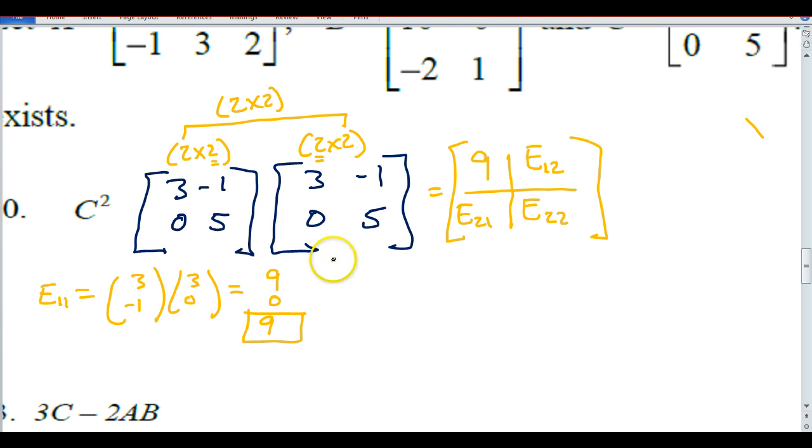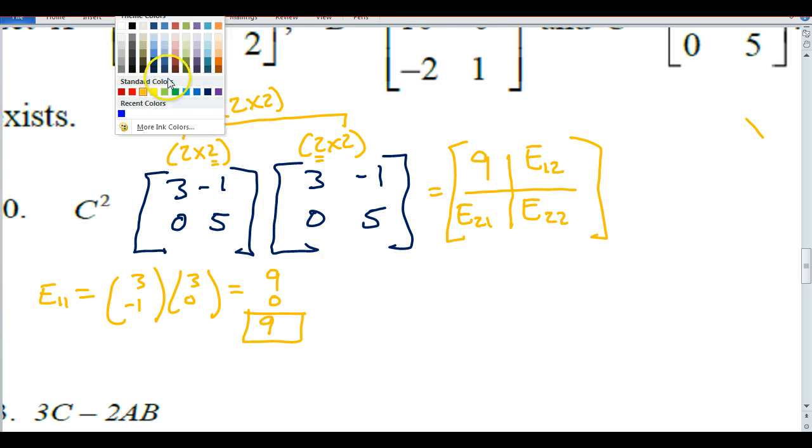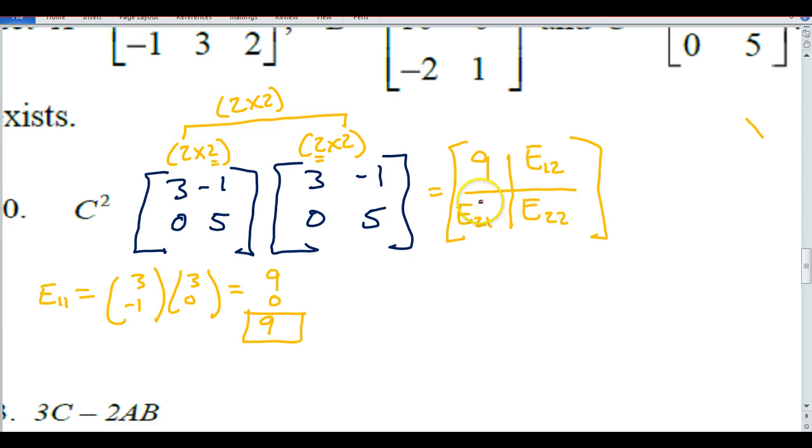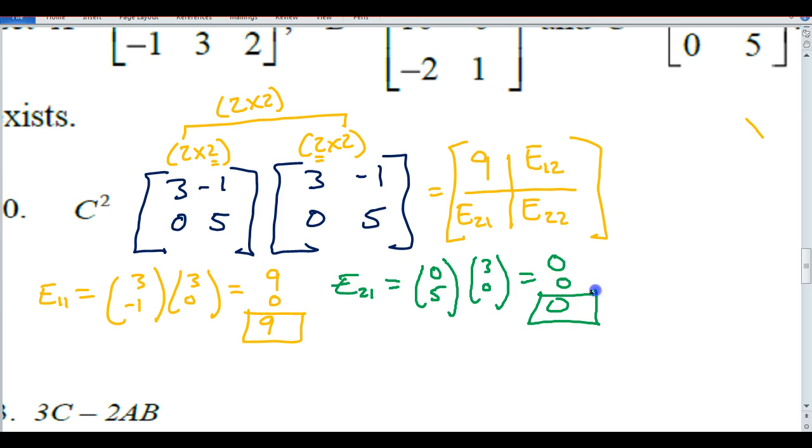Now let's do element 2,1. That's row 2, column 1. Row 2 is 0, 5. Column 1 is 3, 0. So that's 0 and 0, which makes 0. So that tells me this is going to be 0.